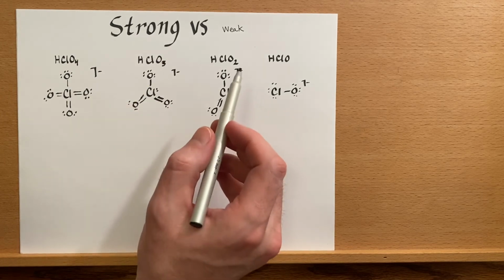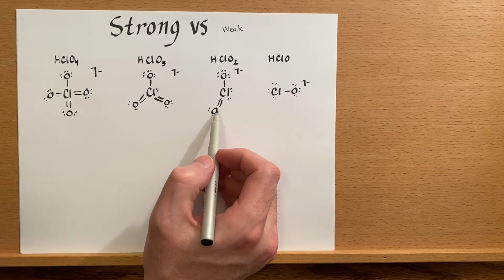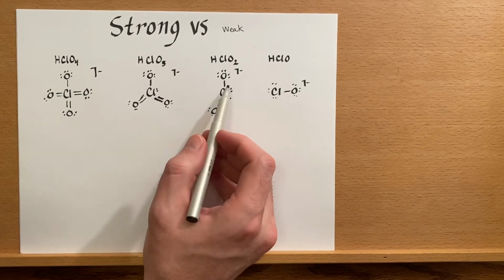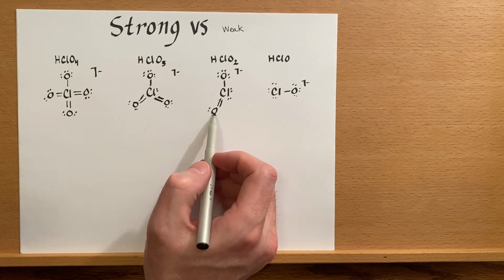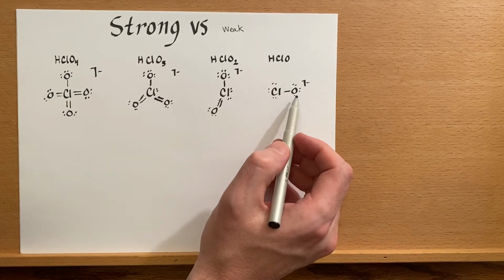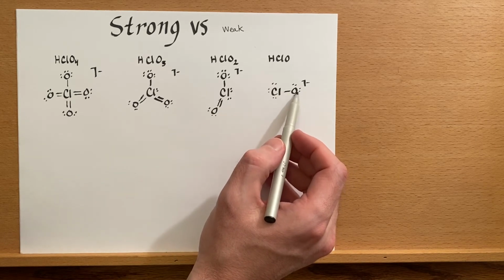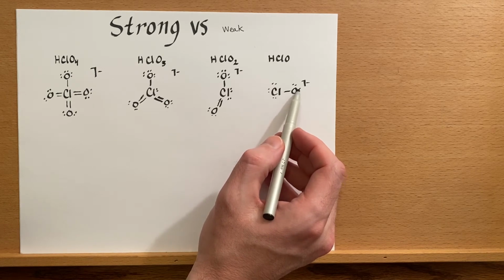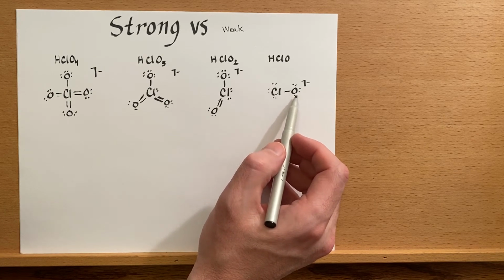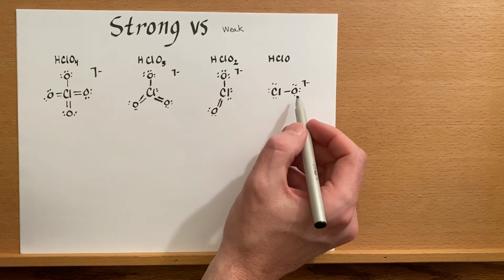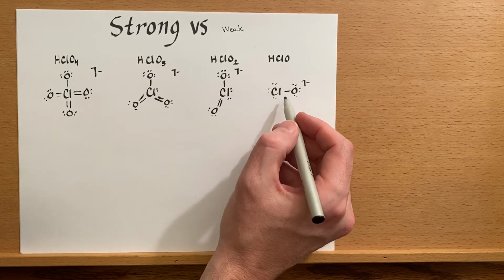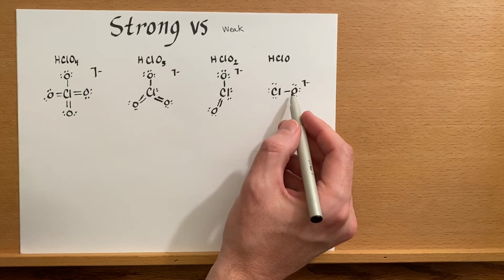Similar story here, only a little bit worse. Now we only have two positions to put the negative charge. And very bad here, the negative charge lives only on this atom. Well, according to the structure that's drawn, there are no other resonance structures to help us out here.